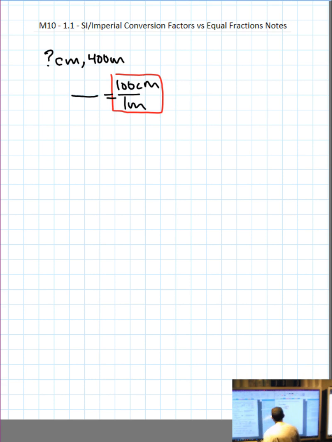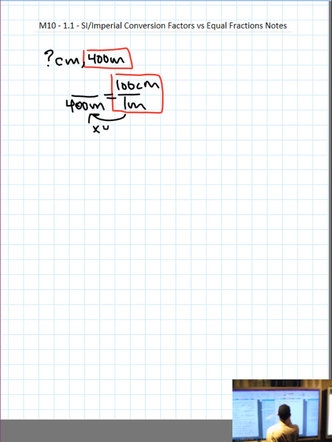Now we're given 400 meters in the question. So where are we going to put that in our fraction over equals over? Well, on the right-hand side, we have meters on the bottom. So we're obviously going to put 400 meters on the bottom. And then as we learned in grade 8, we can work with these fractions. So how do you get from 1 to 400?